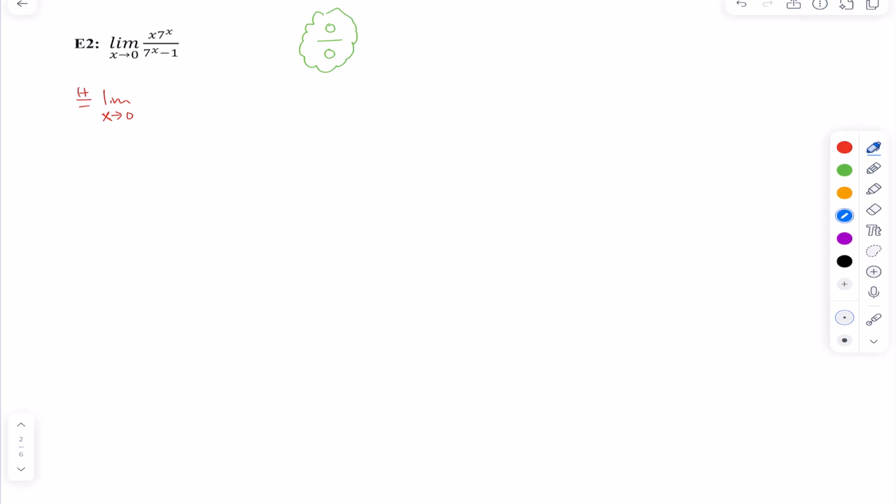And we need a derivative of the numerator, which is a product rule. And we need the derivative of the denominator, which is simply this.